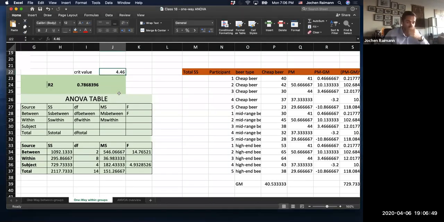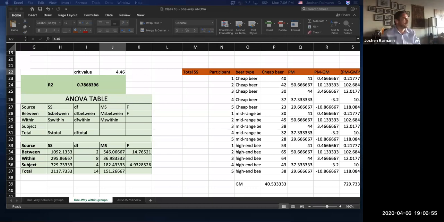But let me tell you that the critical value is 4.46. We're basically rejecting the null hypothesis. That doesn't make any sense. That is absolutely unbelievable.